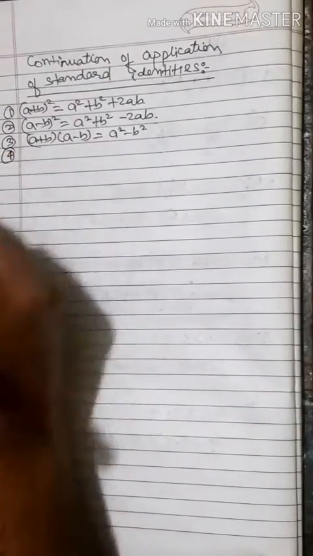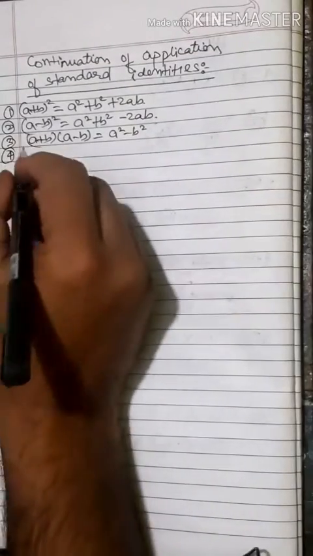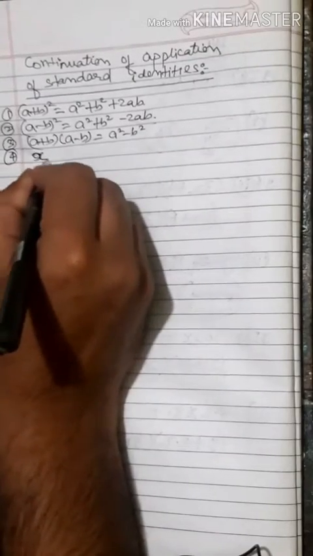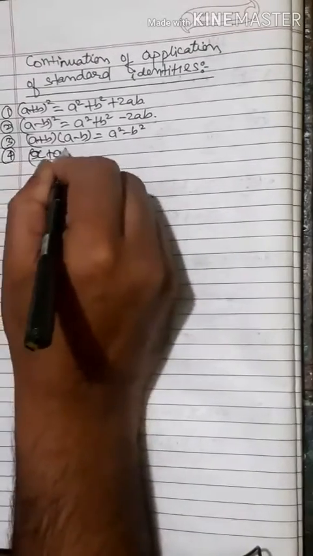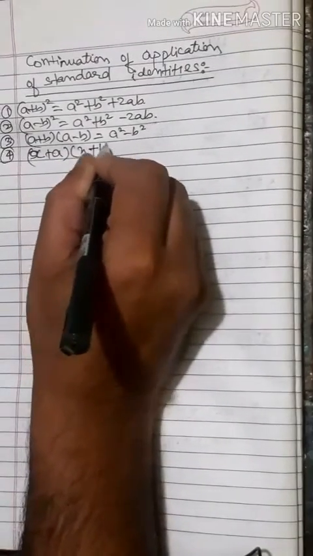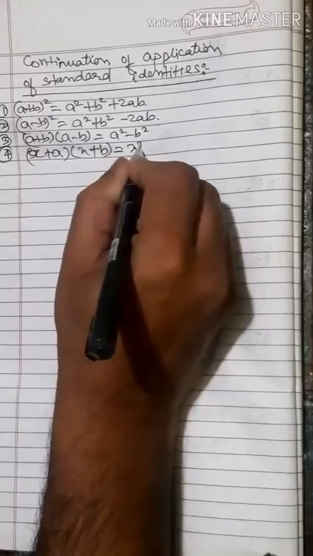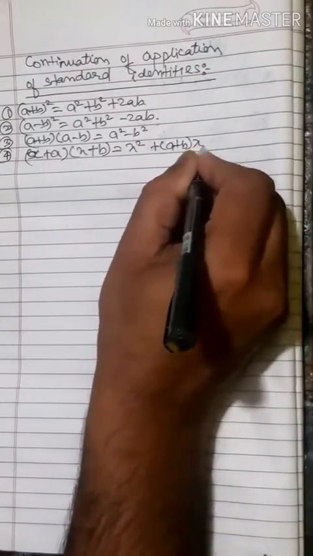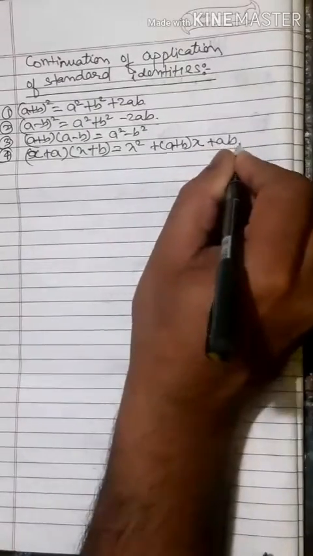And the fourth one, which we discussed in yesterday's class, is (x plus a) multiplied by (x plus b) is equal to x square plus (a plus b)x plus ab.